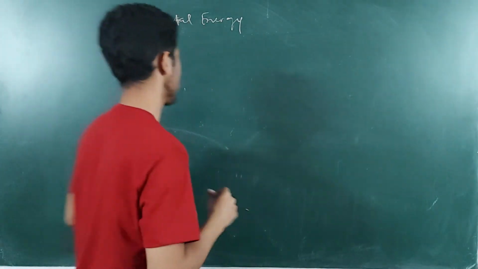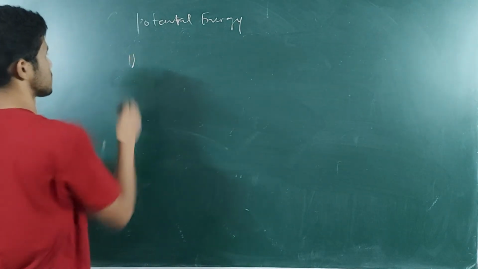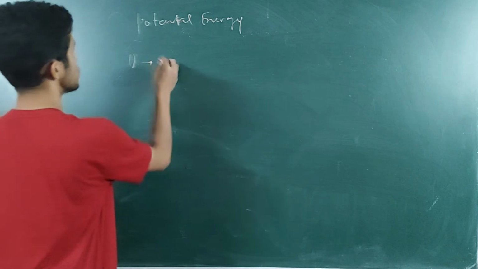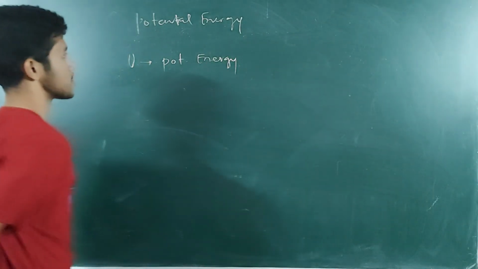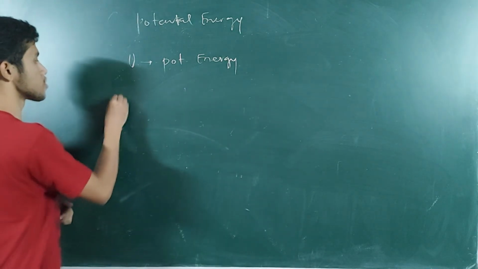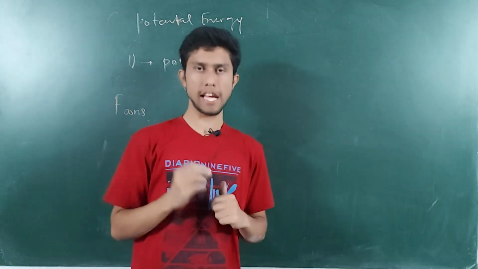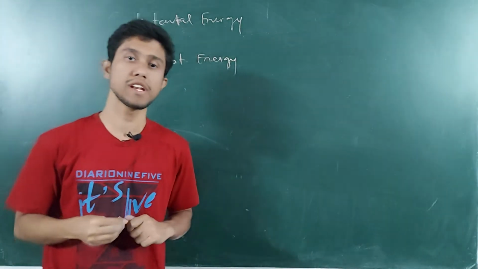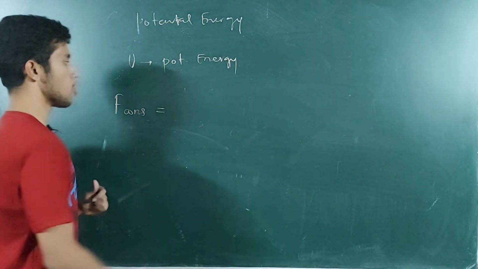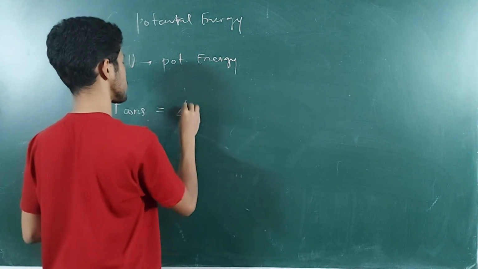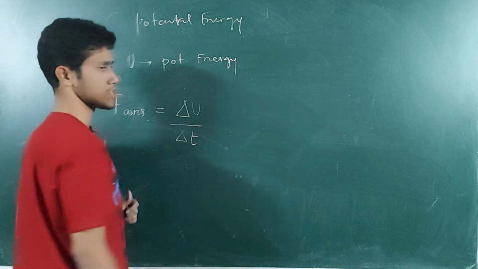So I know potential energy is given by U. So I told you the force always has to be conservative when you are talking about potential energy, because potential energy is defined only in the conservative force field. So this force is a conservative force, and this conservative force is equal to the rate of change of potential energy.